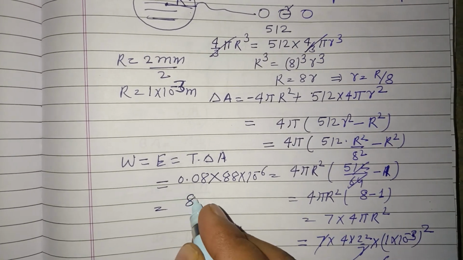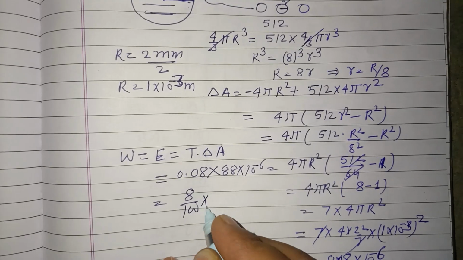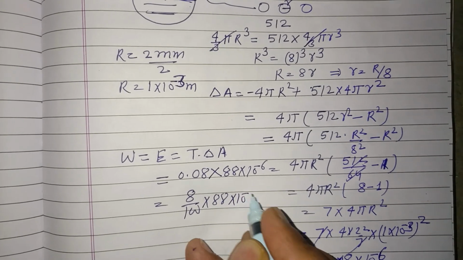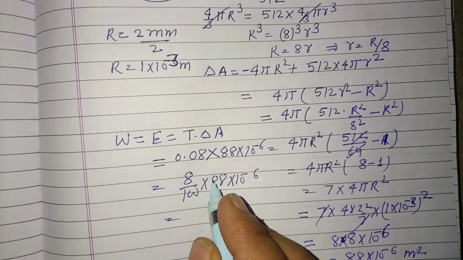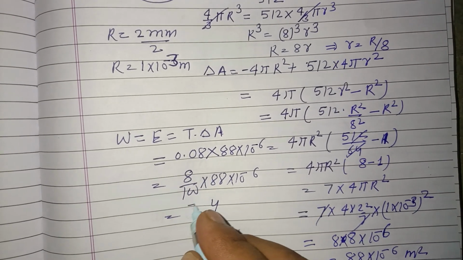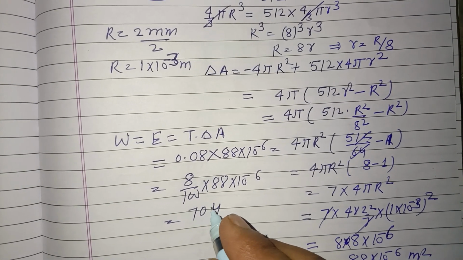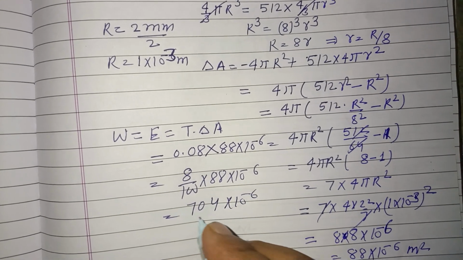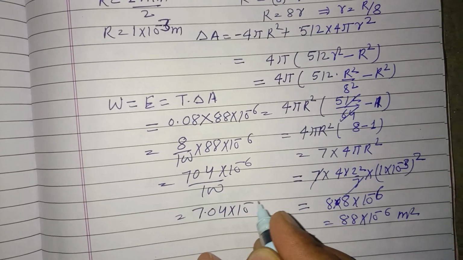That is 8 upon 100 into 88 into 10 to the power minus 6, and 8 times 88 is 704, into 10 to the power minus 6 upon 100. So this is 7.04 into 10 to the power minus 6.